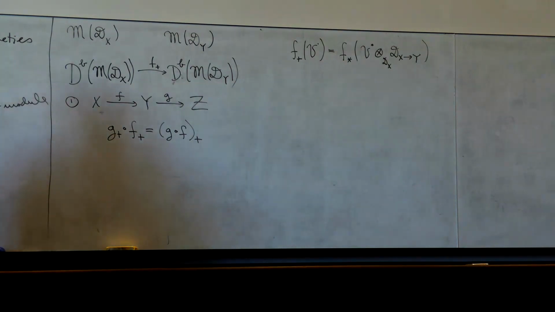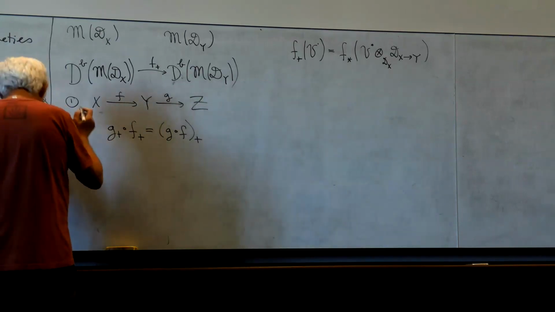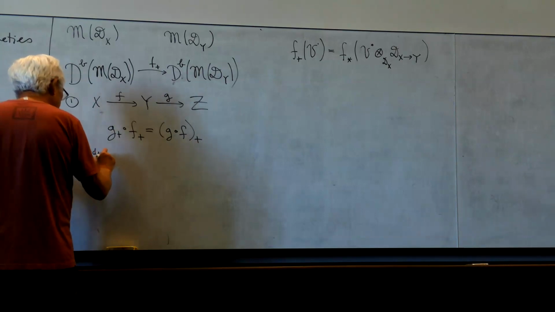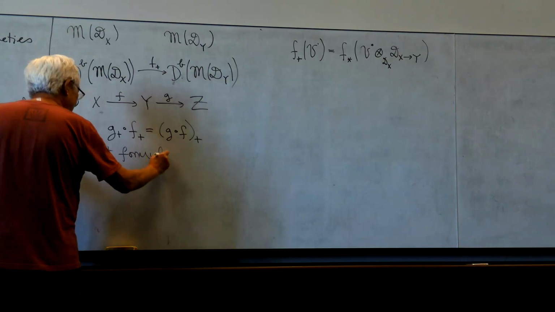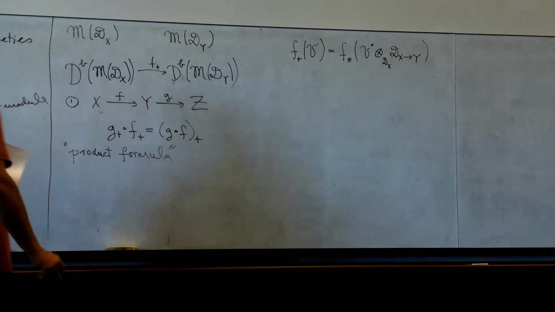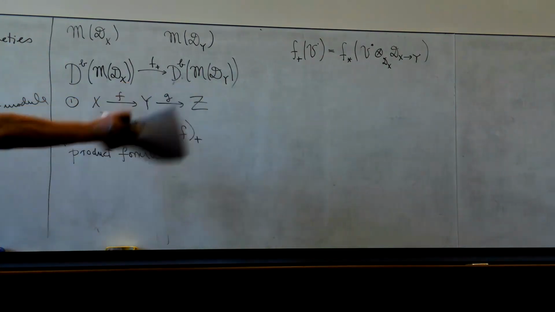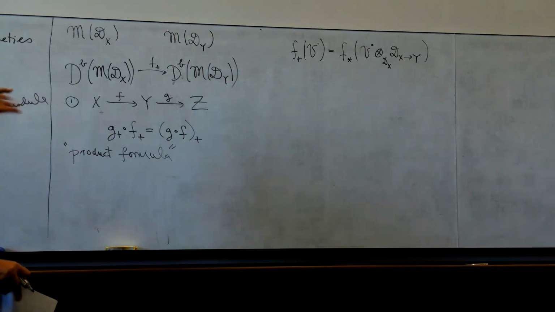If you look at Hartshorne or EGA, which, if you write out formulas, allows you to switch the order of the direct images.